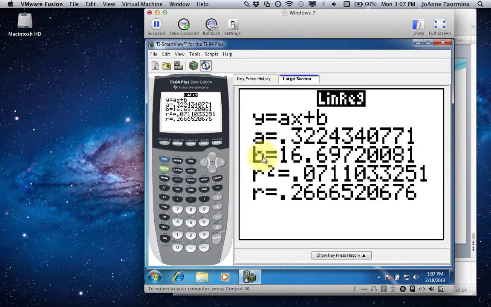When we look at b and round it to 2 decimal places, we have 16.70. Plugging those values into the equation for a and b, we have y equals 0.32x plus 16.70.